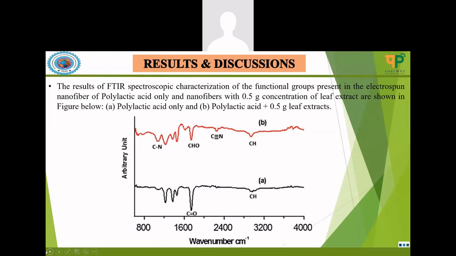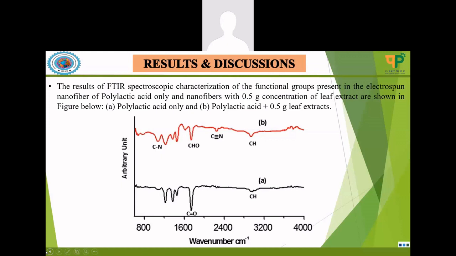Now, the spectra of PLA nanofibers only show absorption peaks at 2949 to 3014 centimeter inverse, attributed to CH bonds in CH, CH2, and CH3, while another peak at 2245 centimeter inverse is the characteristic peak confirming the presence of nitrile C triple bond N bonds and the nitrile group in the PLA. Peaks observed at 1736 and 1198 centimeter inverse are assigned to C double bond O and C-O respectively.